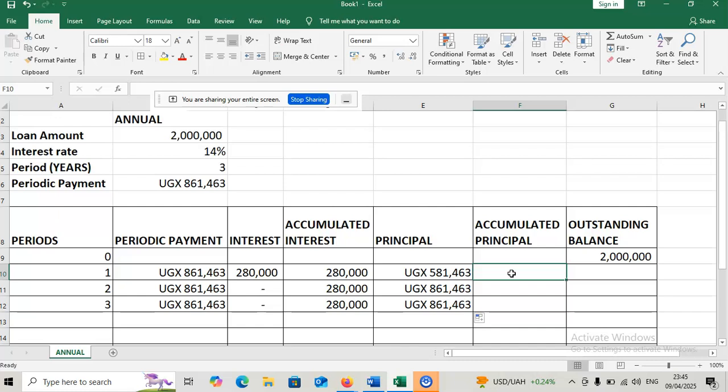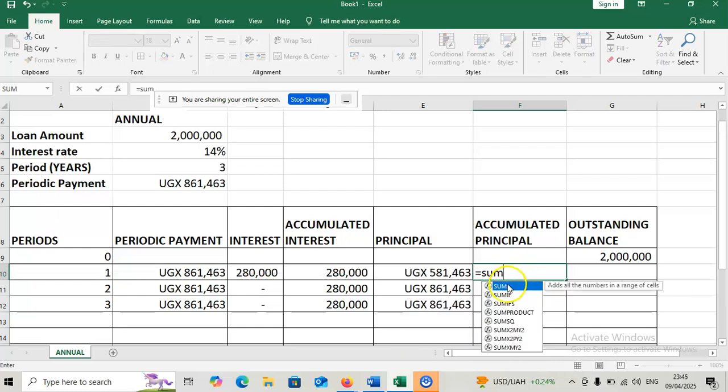We press the equal sign. Still we shall use sum. You double click, come and select principal. You fix it by pressing the F4 button. Type in a full colon. You see, when I type in a full colon, the dollar signs disappear and it picks on principal again.